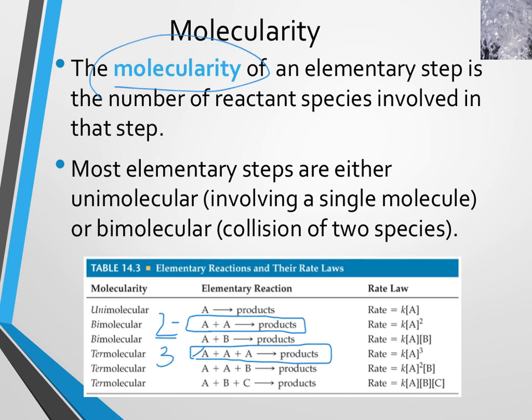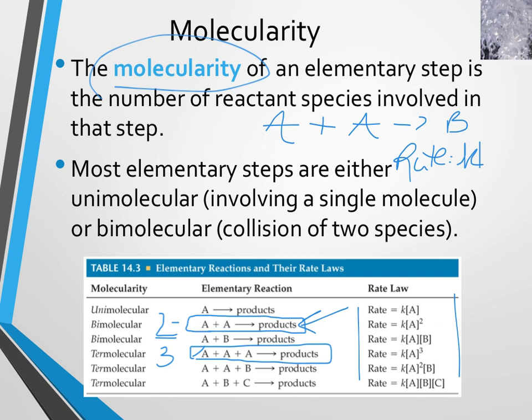What I think is especially cool about elementary steps is that you can write a rate law for an elementary step directly from the equation for the elementary step. So if we had an overall reaction equation that looked like this, if you wrote the rate law, you would have no idea what the order with respect to A was from the overall equation.